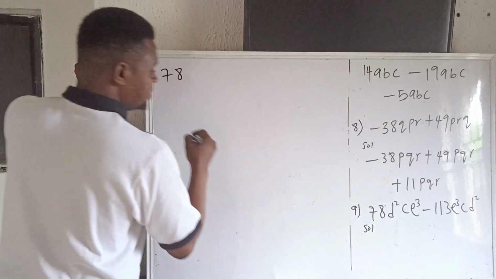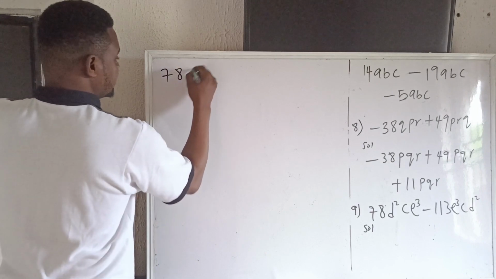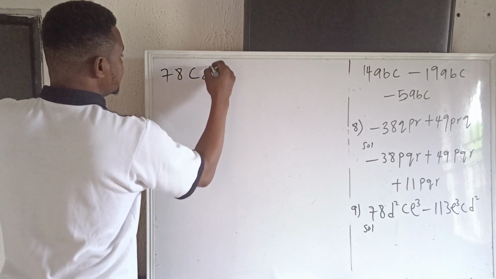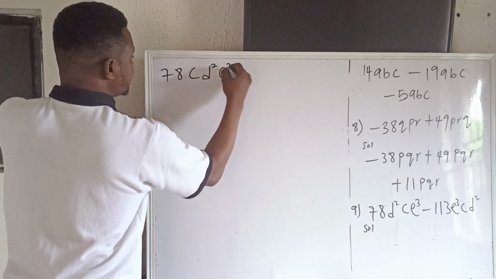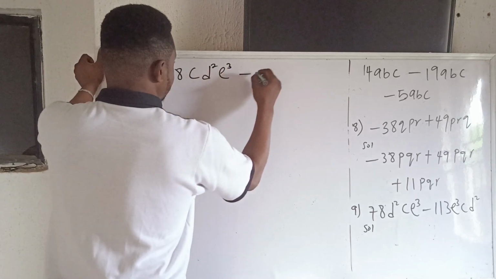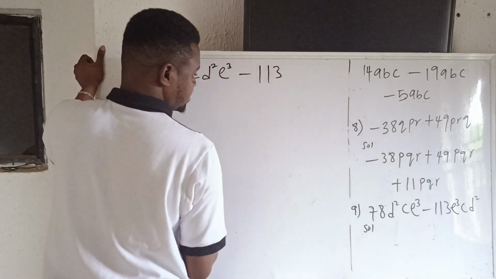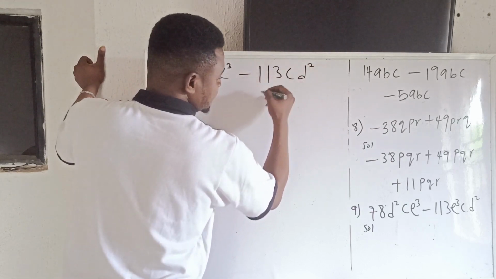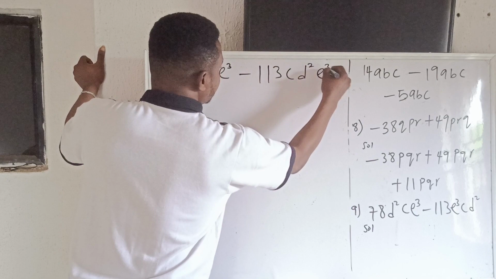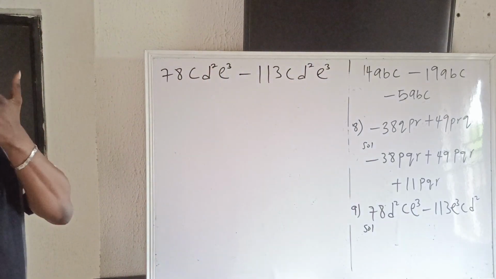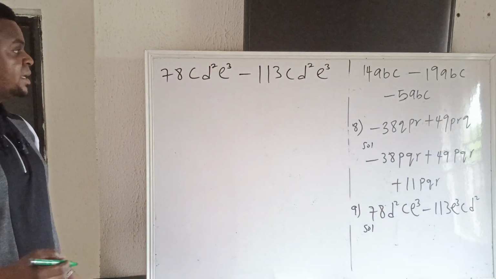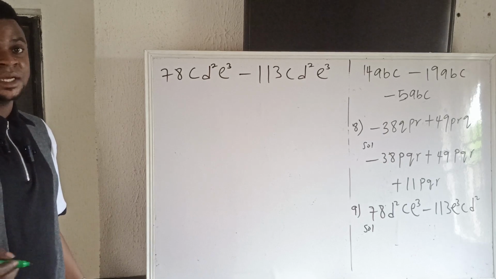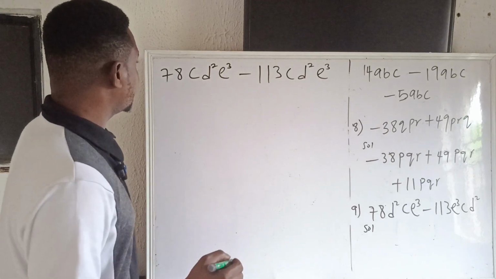C comes before D. So I'm going to have 78Cd squared e raised to the power of 3 minus 113Cd squared e raised to the power of 3. Can you see that now? So from here the variables have been arranged in alphabetical order. Then I will now look out for the larger number.